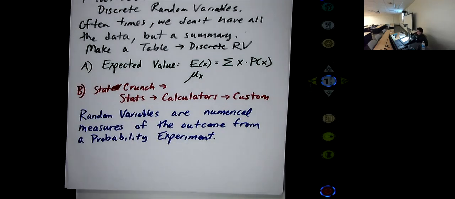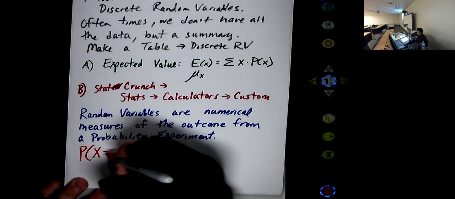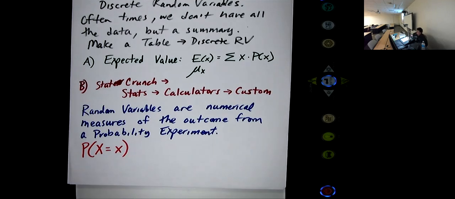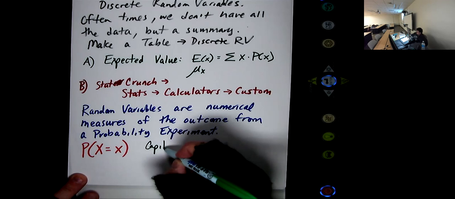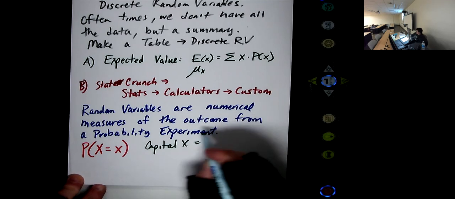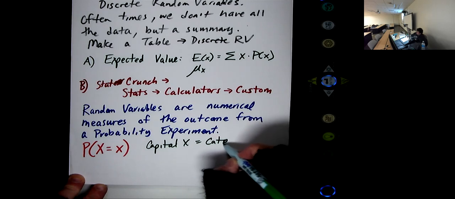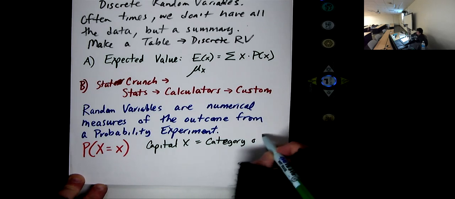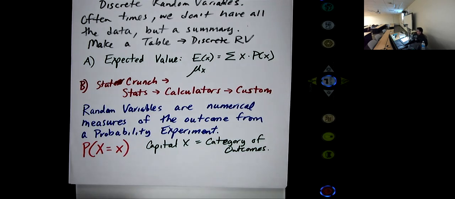We tend to write it as probability that big X equals little x. Where big X, or the capital X, is our category of outcomes. Like what are we talking about here? If we're talking about rolling a die, it's what the die rolls.